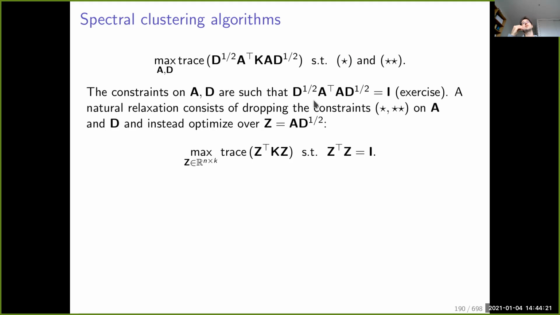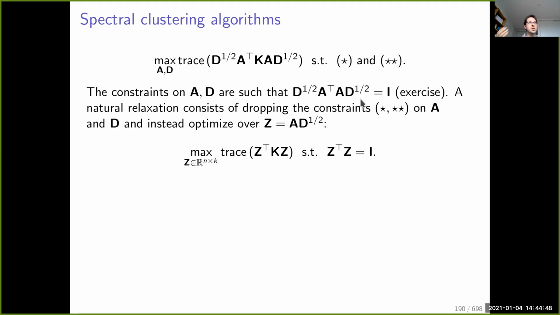So at least what is easy to see is that A transpose A is diagonal. And in fact, it's a diagonal matrix that carries the cardinality of each cluster on the diagonal, such that if you rescale by this square root matrix on the right and on the left, you get the identity. So the constraints star and double star imply this.